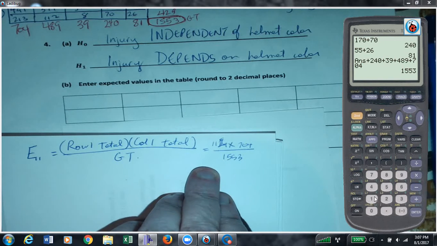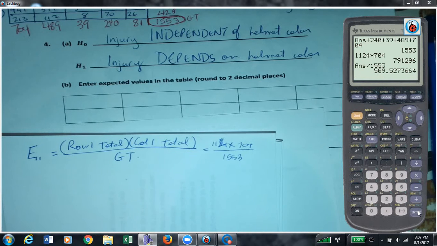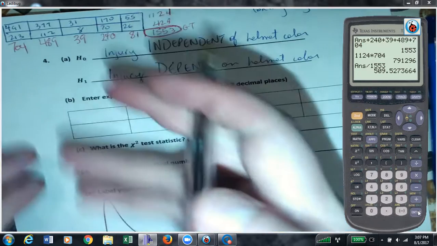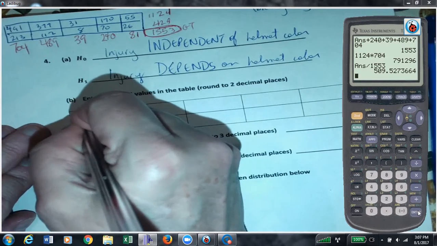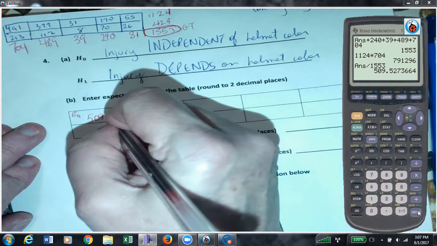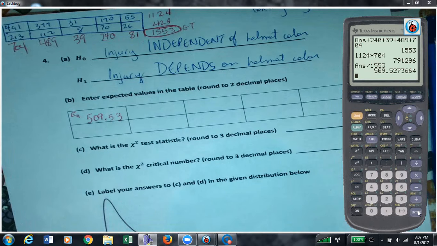So 1124 times 704 divided by 1553. If I round that to 2 places, that's 509.53. So that's E11, which is 509.53.